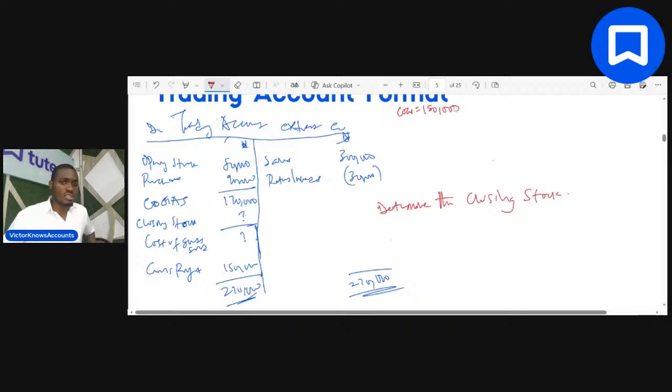Let's see how correct it is. Then what's our closing stock? Because that's the question. So Balikis, I don't know if you saw, if you get it now. Closing stock is 20,000 naira. So this is Kumi's answer. He said closing stock is 20,000. Now Balikis, give me your answer.